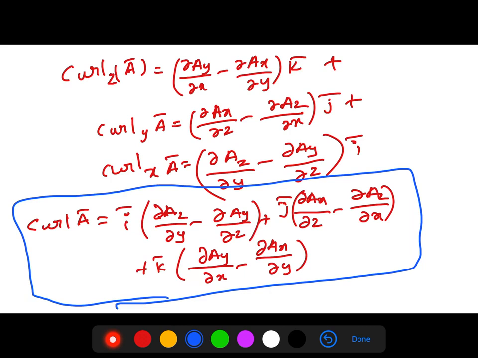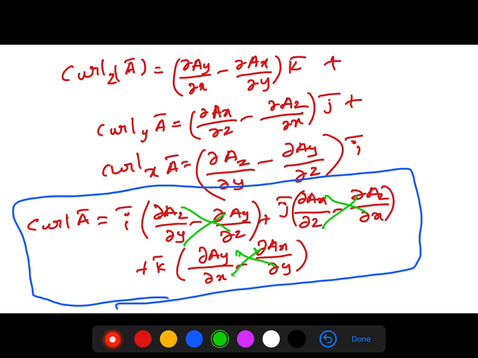So the components have shifted here like this. Here also y is in the denominator, and in the numerator it is interchanged. Like this, all the three components have changed.